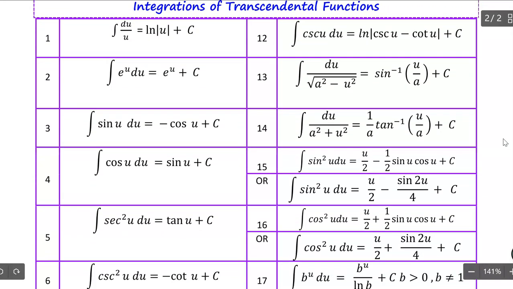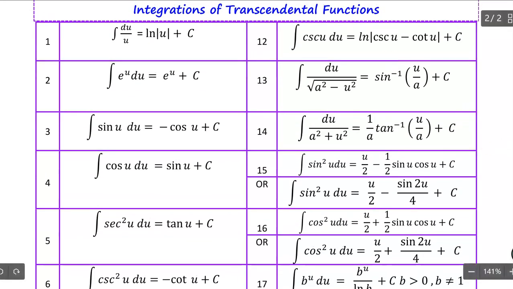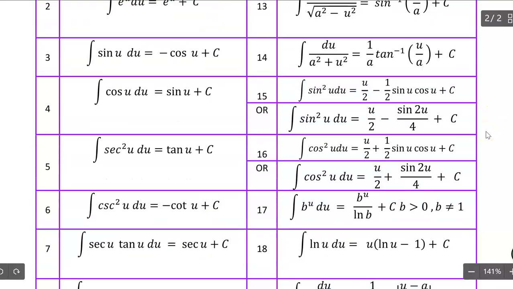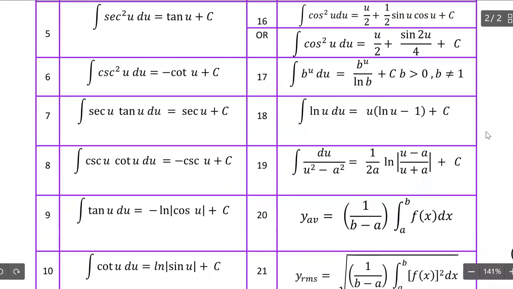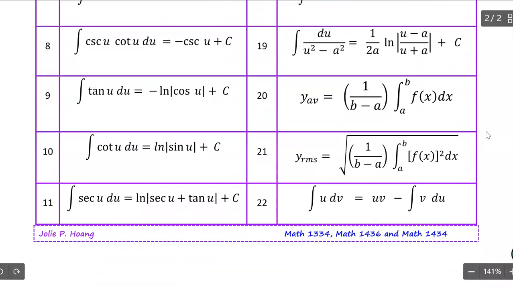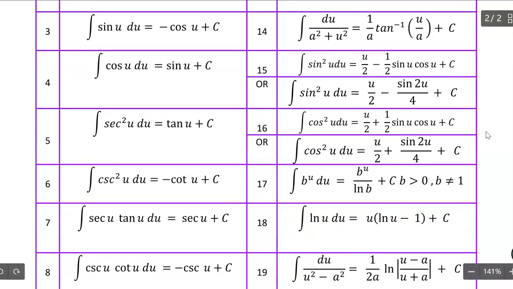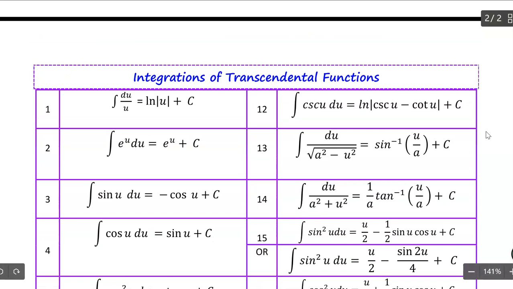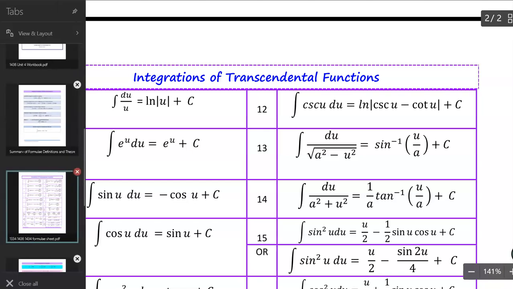I would like you to note these formulas right here, and also try to find whether or not you can use any of these formulas. So far I see that this is the only one that we are going to use here. Then you need to use a substitution method in order to integrate this integrand.